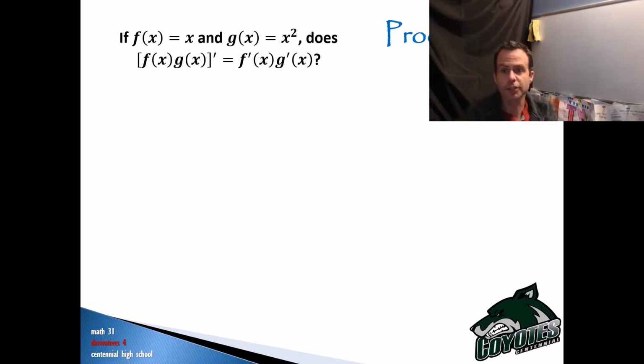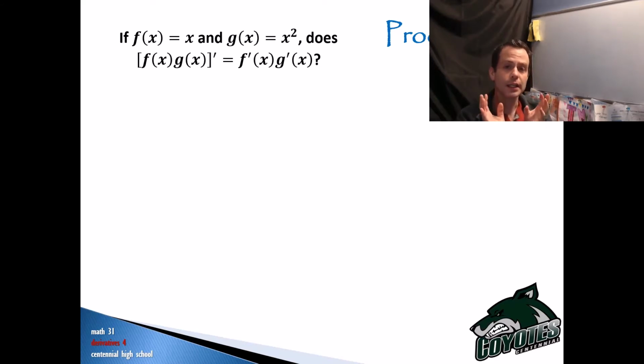Essentially, we're posing the question, does the derivative of a product equal the derivative of each one multiplied together? Can we just distribute the derivative, for lack of a better word, okay?